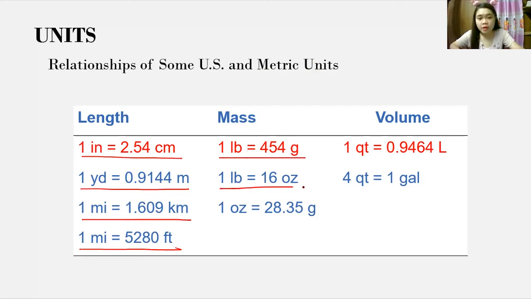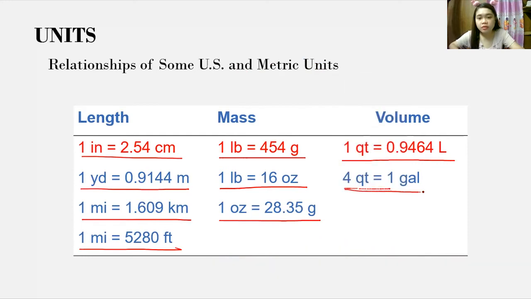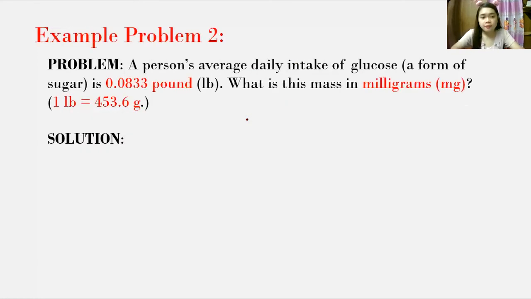Same for 1 pound to ounces, and then 1 ounce to grams. For volume, this unit here you could multiply by 0.9464 liter, and then 1 gallon is also equal to this. So these are just simple relationships among US and metric units, the conversion factors that we need to use in the calculations.